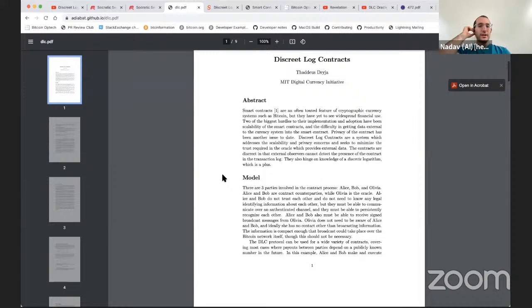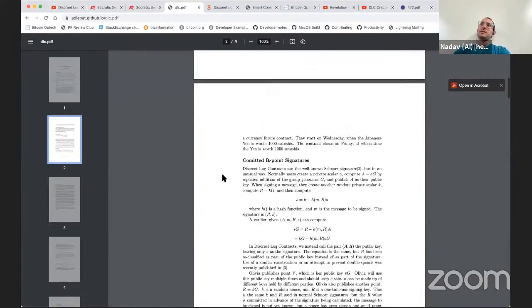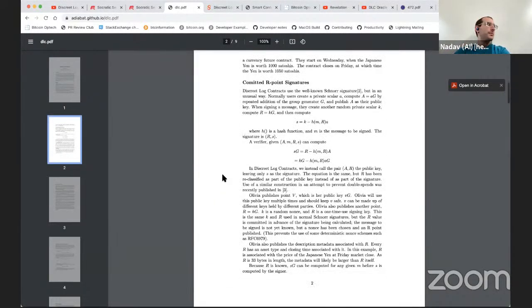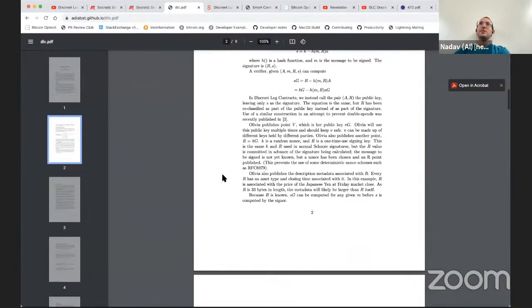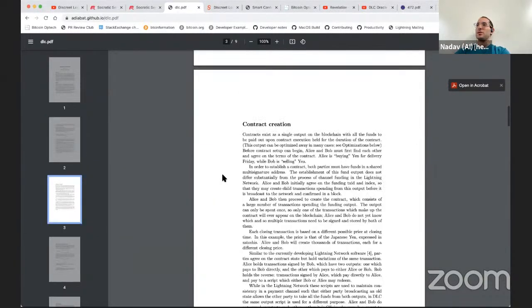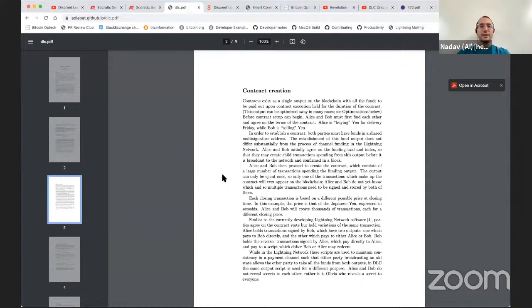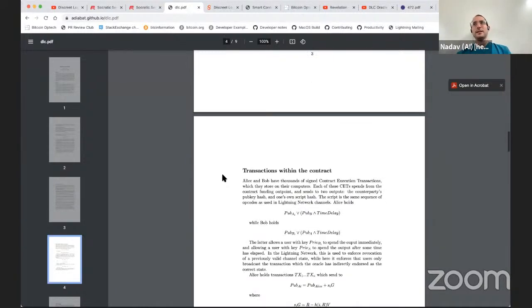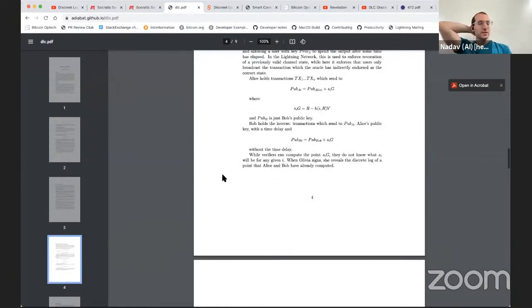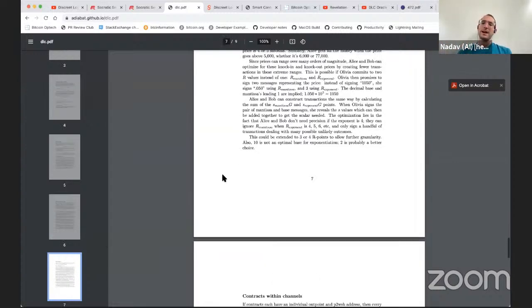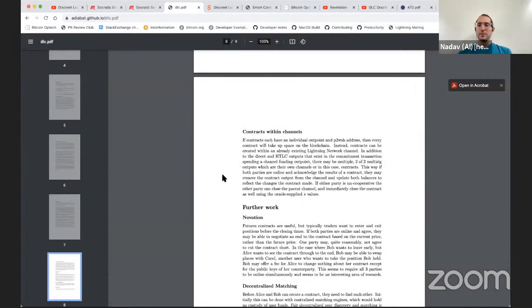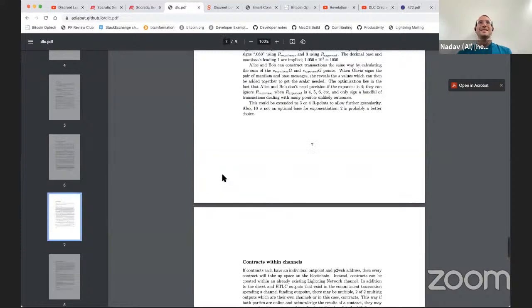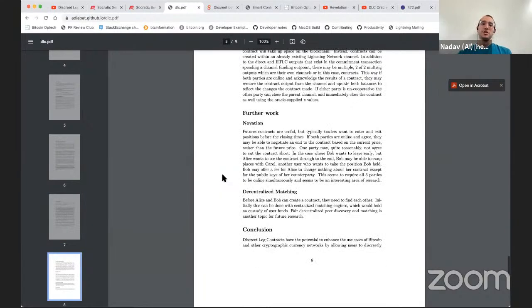Essentially the trick that is used, I don't know if it's Tadge's innovation or more so just putting things together, is that with Schnorr signatures and other kinds of schemes, but we talk about Schnorr here, you can anticipate a signature of a specific message by some entity such as an oracle.